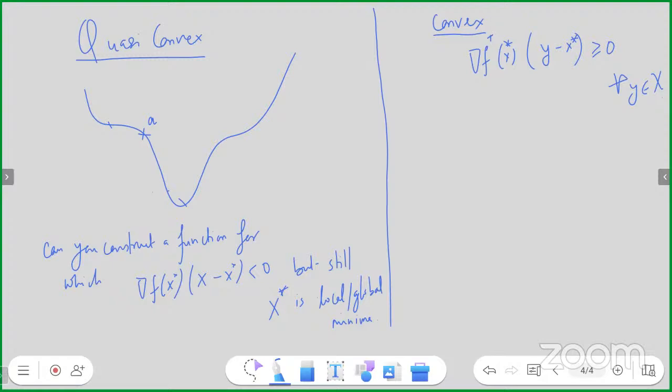We're still constructing. So is the task clear? What are we after? There exists an x, but still x star is a local minima. So why was that not possible in a convex case?